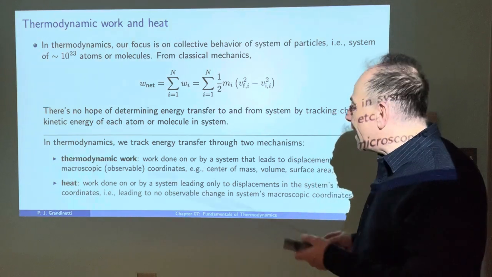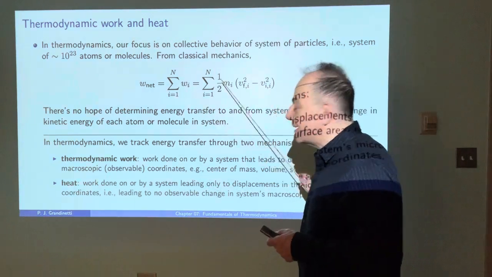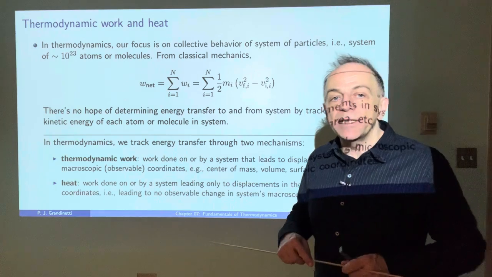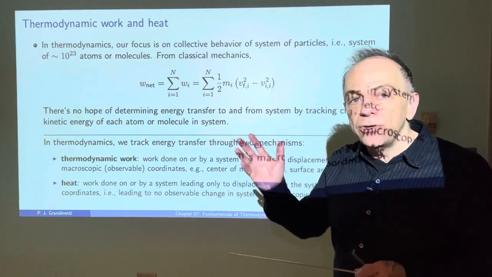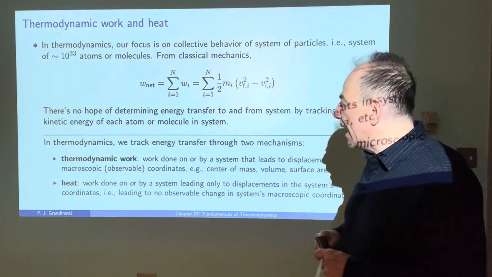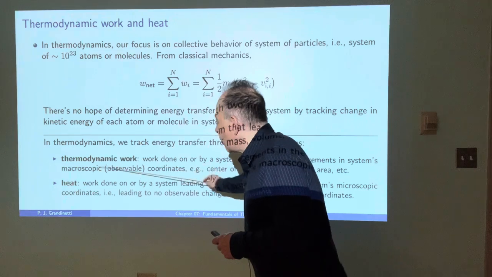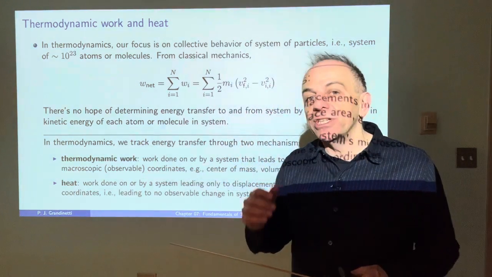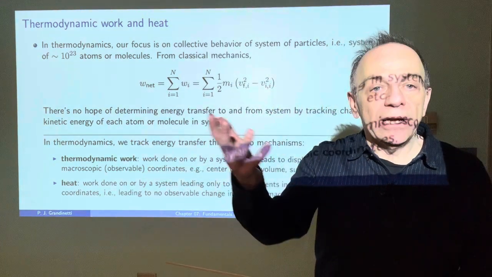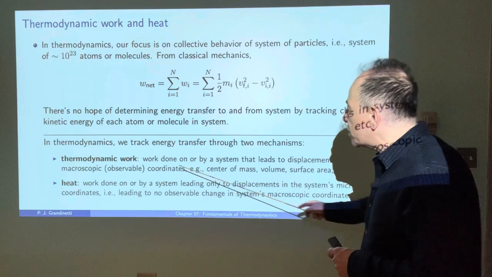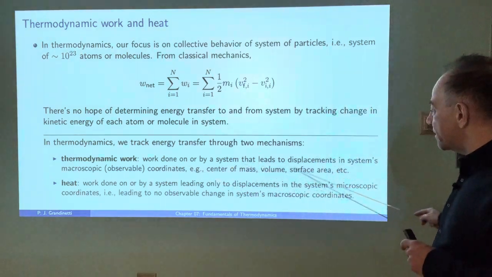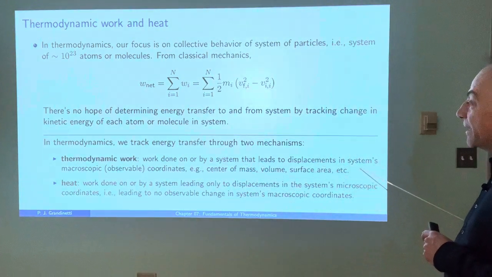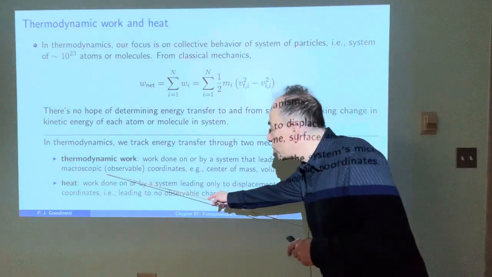However, we can in thermodynamics still track this energy, but we do this by dividing it up into two different contributions. One of these contributions we're going to call thermodynamic work, which is effectively work like we learned it in the first chapter. That's the work that's done on or by the system that leads to displacements in the system's macroscopic coordinates.